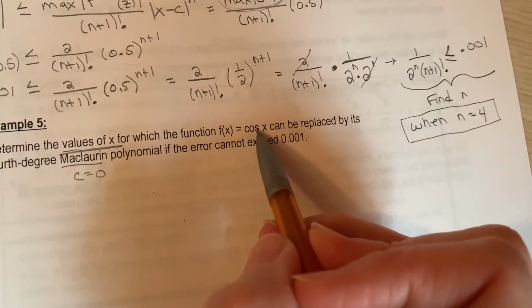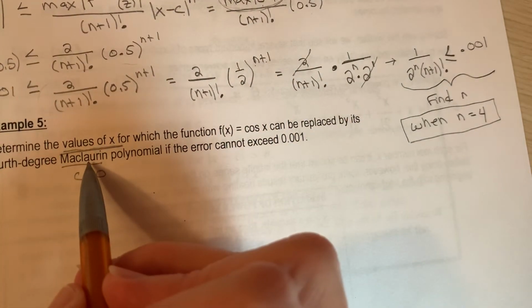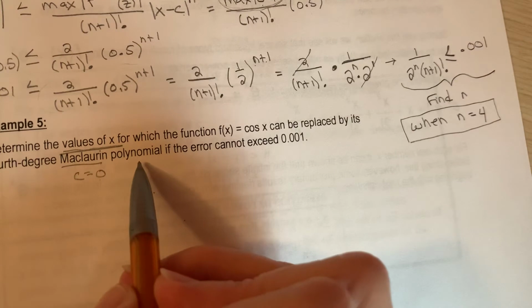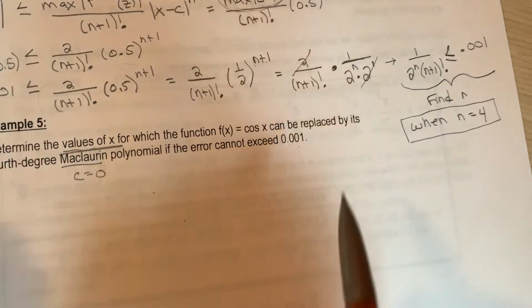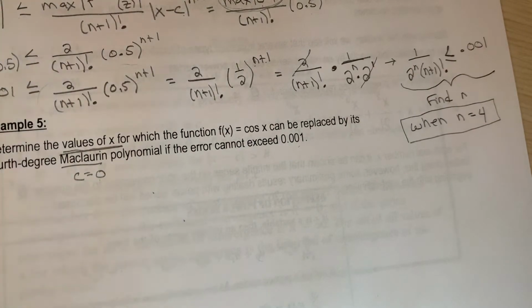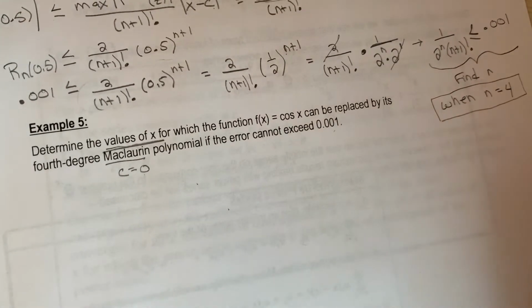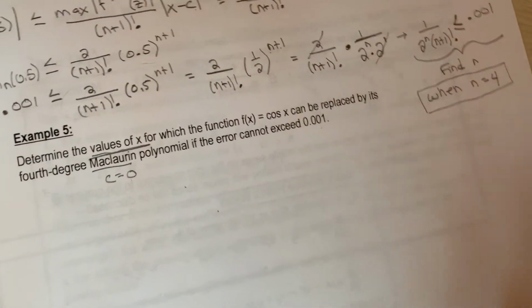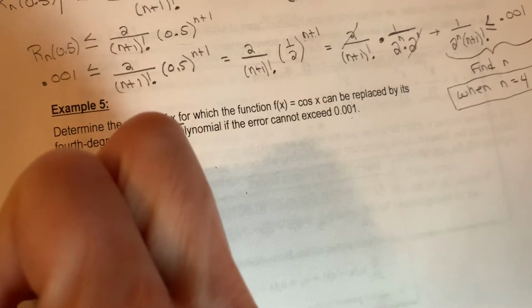This is our function, cosine, that can be replaced by a Maclaurin polynomial if the error cannot exceed this. So again, that same error number. Now this is a function that we know something about, so we're going to start by writing that memorized Maclaurin polynomial for cosine of x.